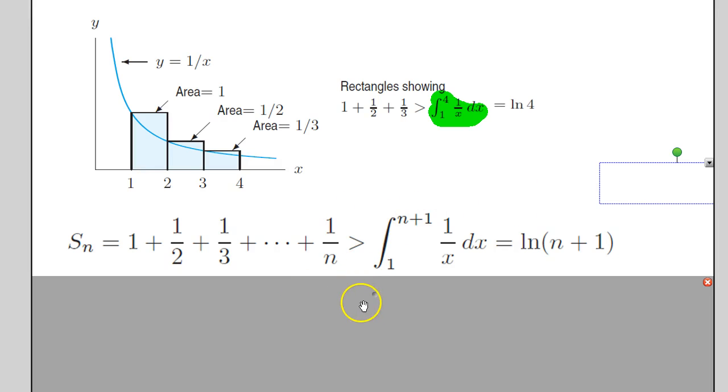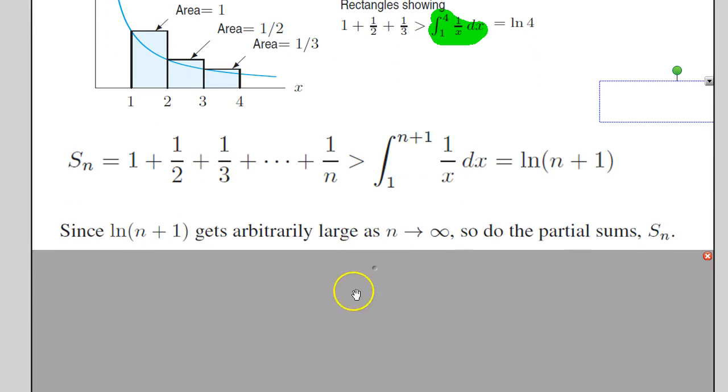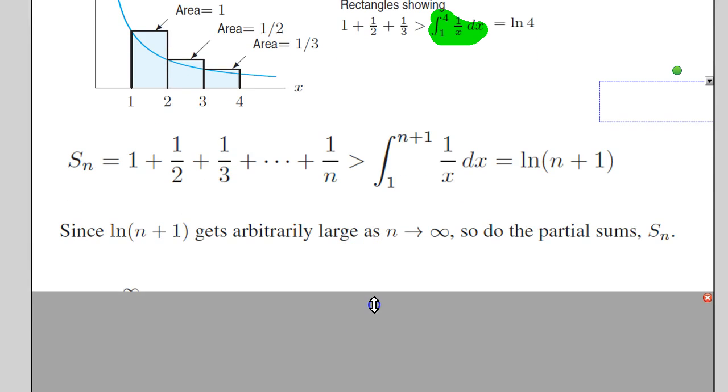So that lets us know that this part is not bounded: as n gets larger, natural log of n plus 1 gets larger, and as n goes to infinity, the partial sums do not converge. They get larger and larger and larger, which lets us know that this is not a converging series. It's diverging.